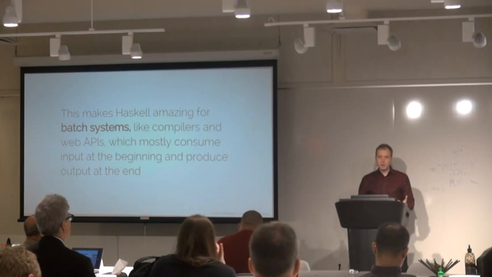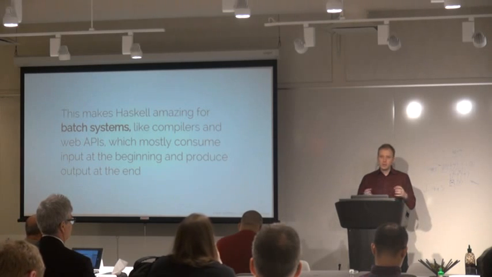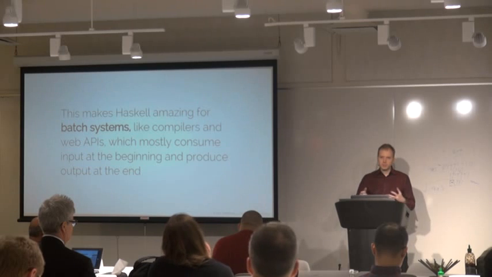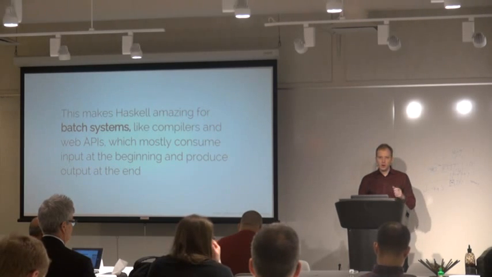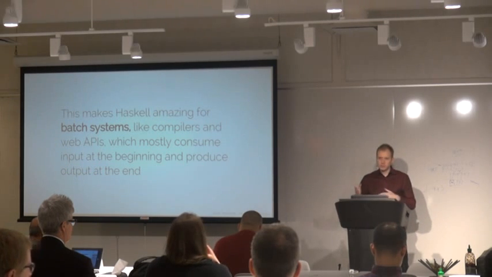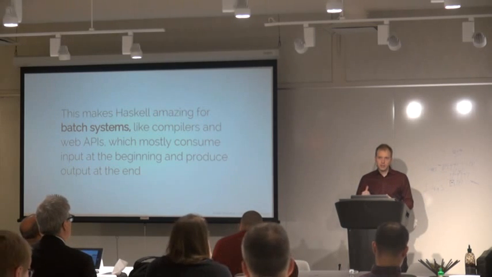A lot of my work has been on web API servers, and although they do lots of things at once and they stream to and from clients, at the end of the day, most API servers are getting an API request in its entirety, running the API request, whatever it needs to do with the database or that kind of stuff, and then producing all of the output and sending it to the client.